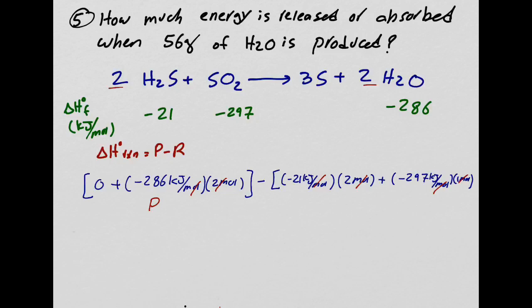So product minus reactant, what I end up getting is negative 233 kilojoules of energy. What that means is this reaction is going to release 233 kilojoules of energy. So far so good?